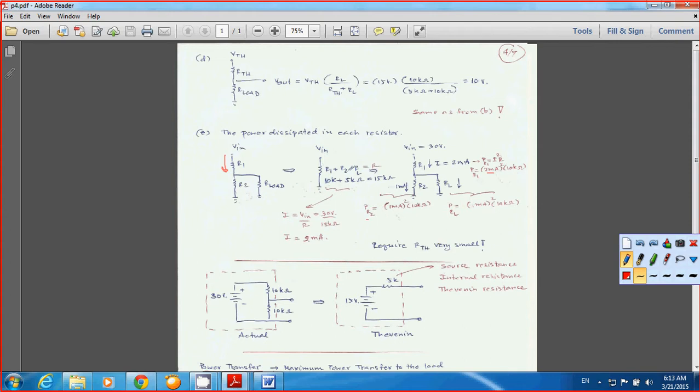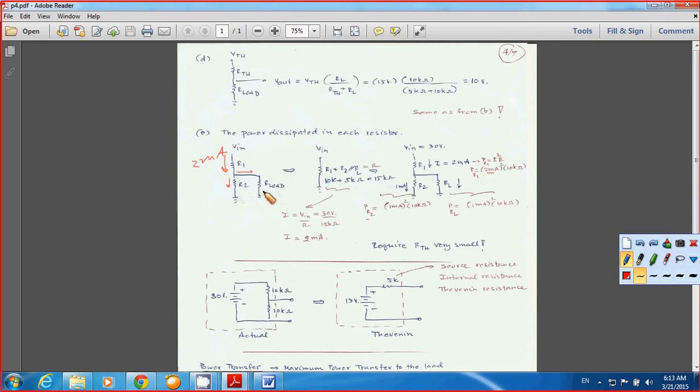What about the power dissipation across R2? Same thing. Since you have 2 milliamps flowing through R1, at the node the current splits to flow through R load and R2.